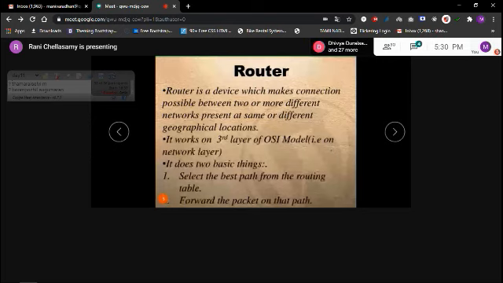That is, it will also meet the cost effectiveness, and it also selects the optimal path among the several paths available. Okay, that was the first function of the router. And second function is it forwards the packet on the particular route.